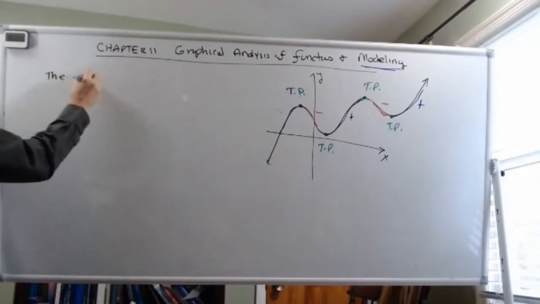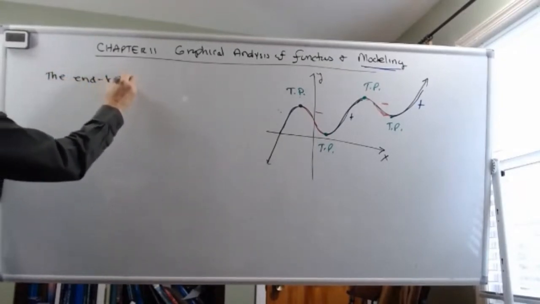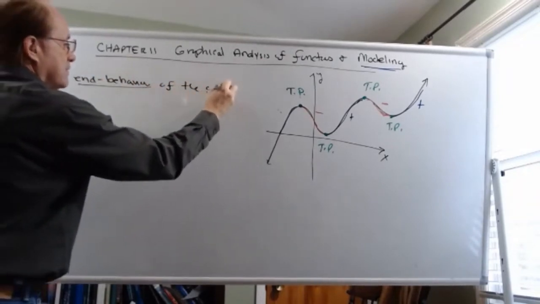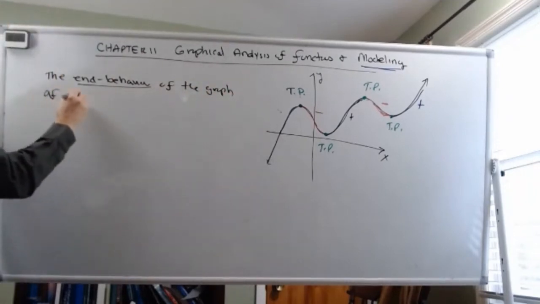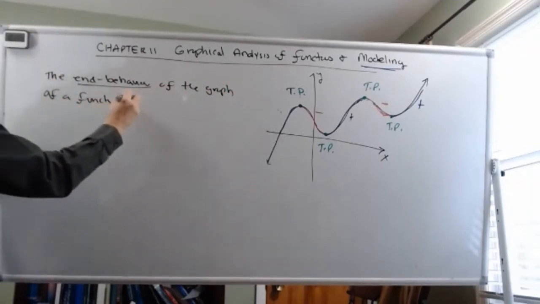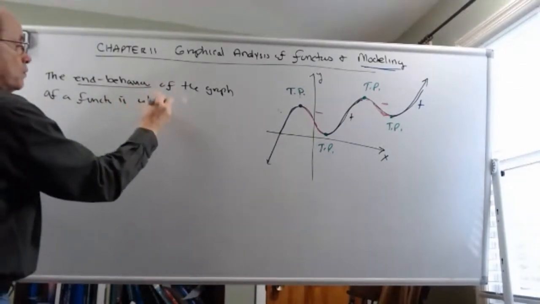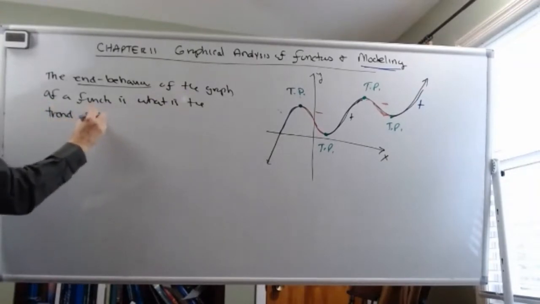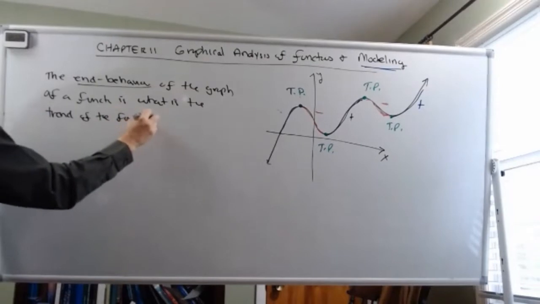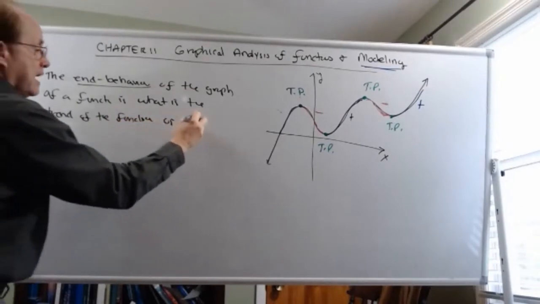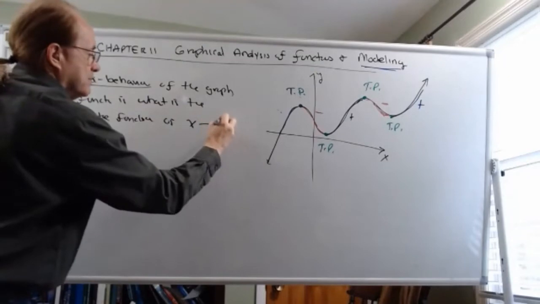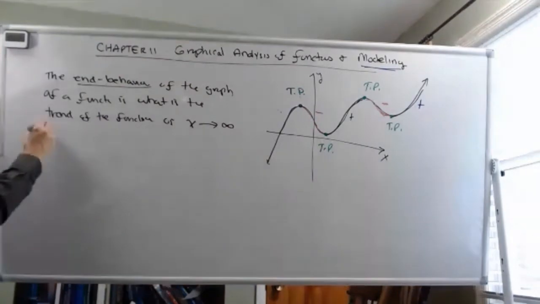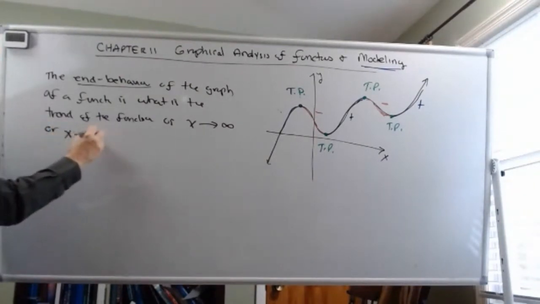The end behavior of the graph of a function is the trend of the function as x approaches infinity. That means x gets closer to infinity, gets very large, or x approaches negative infinity.